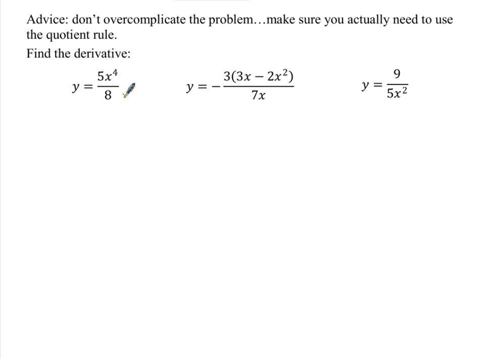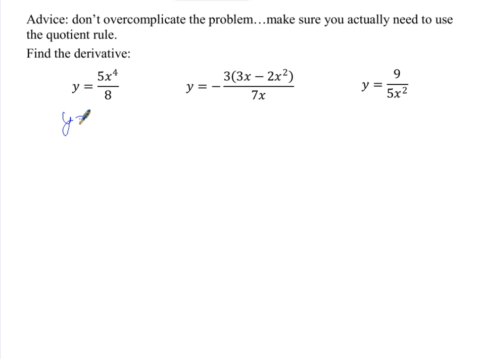So, do we need the quotient rule on this problem? No. It is a function divided by a function, so we'll see. Do we need the quotient rule on this problem? No. Okay. So just make sure that you take a look before you leap off the cliff, okay?